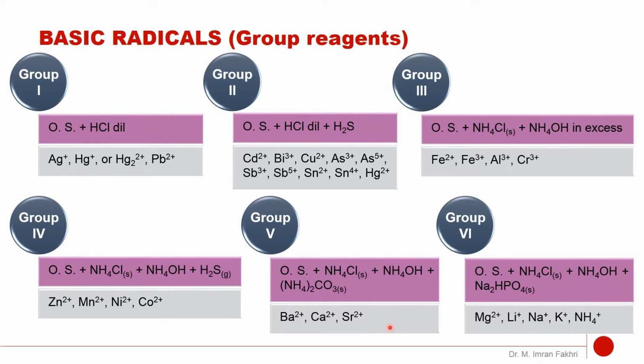If no precipitation is there in group number 5, we move towards group number 6, in which we add ammonium chloride, ammonium hydroxide, and sodium hydrogen phosphate. If precipitates of different colors are obtained, then we may say that these cations are present.